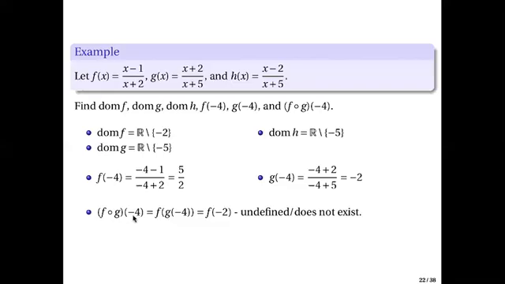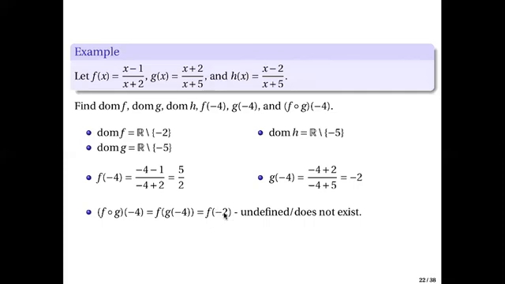Because f of g of negative 4 is defined to be f of g of negative 4. So you replace the x in g with negative 4, and only in the function g. So after getting that, you have your negative 2.